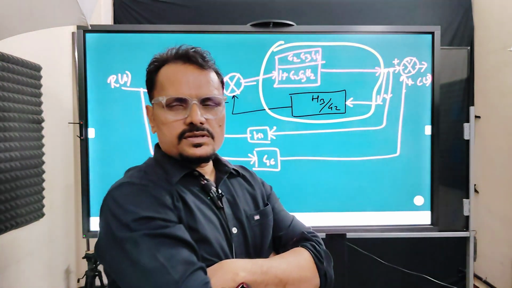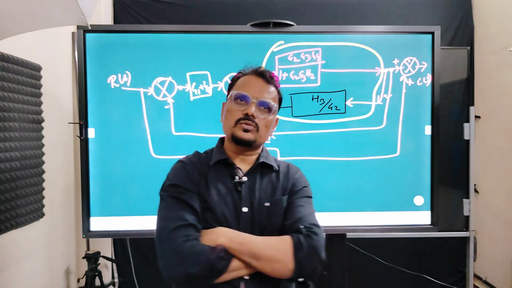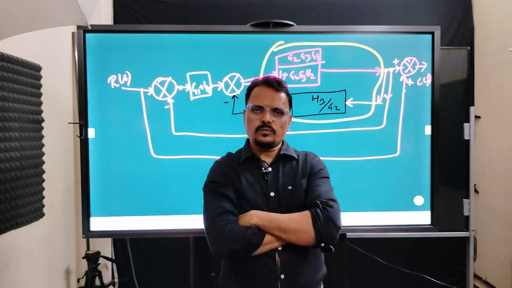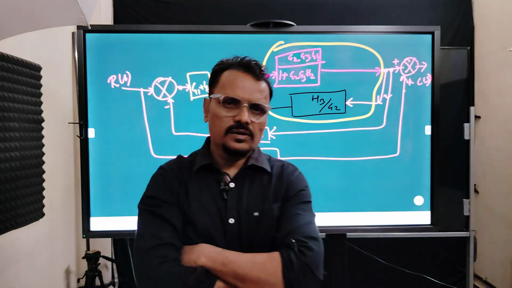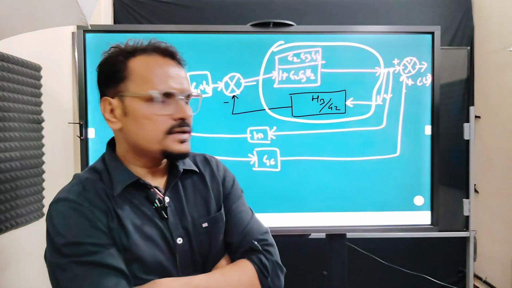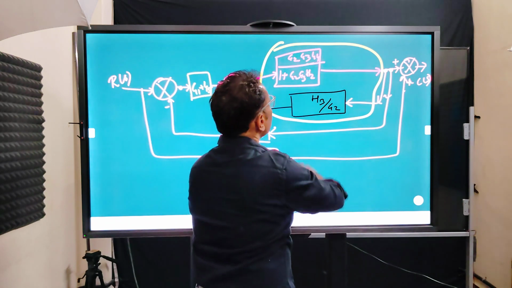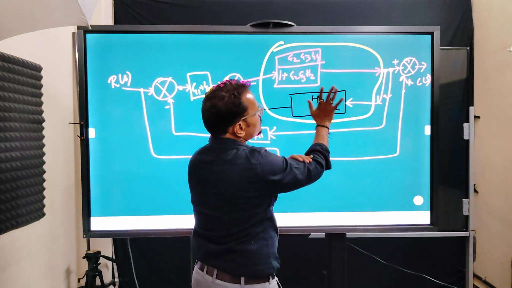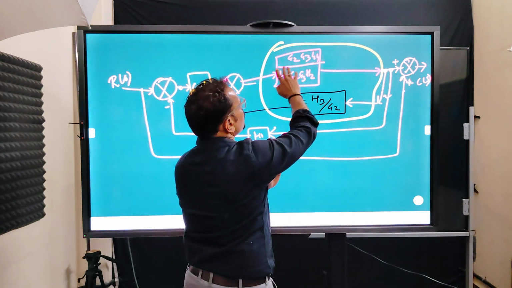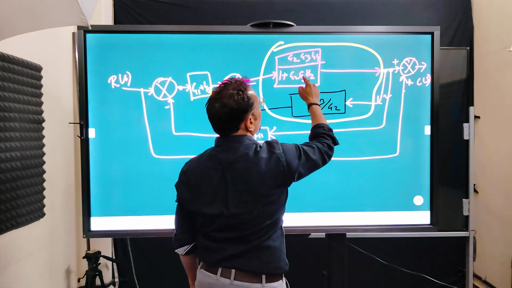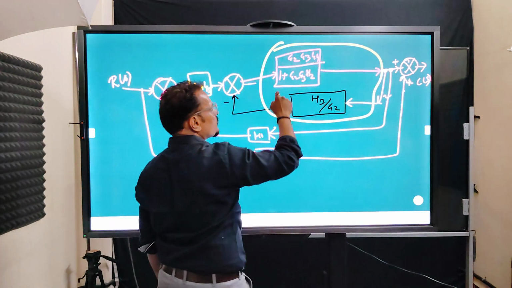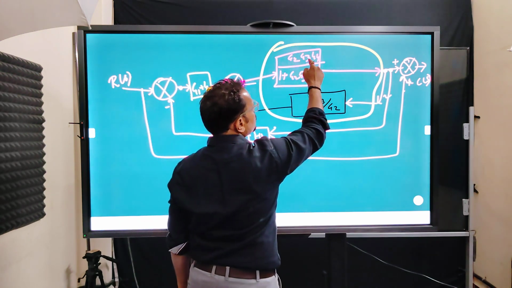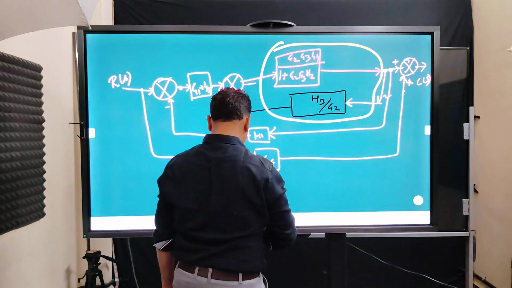Initially when you start, you have to think a little bit. Once your path is identified and you start working on that path, you will reach near the destination. Now in this case, what we have is G2, G3 as a feedback, all together with a negative feedback. So we will have G2, G3, G4 in the numerator as it is.